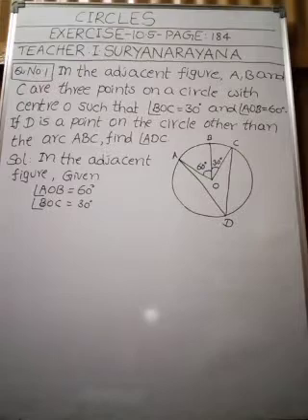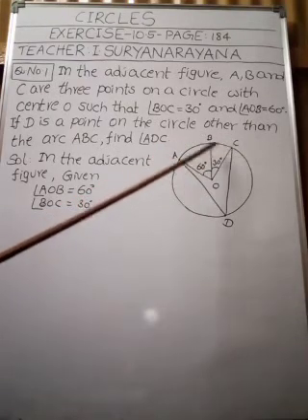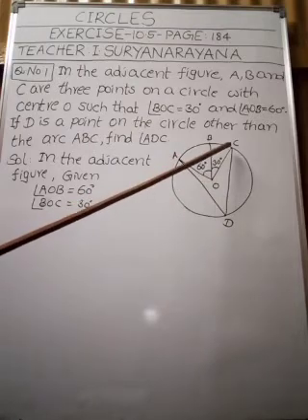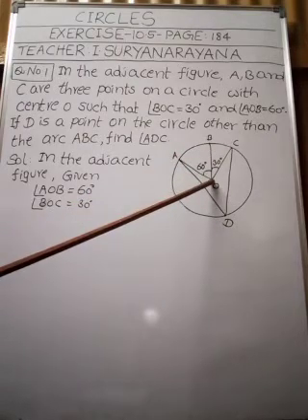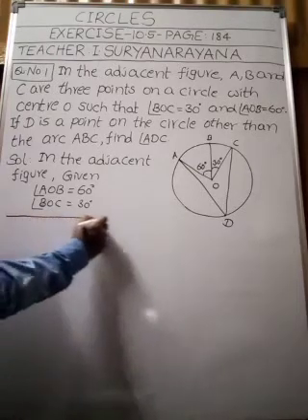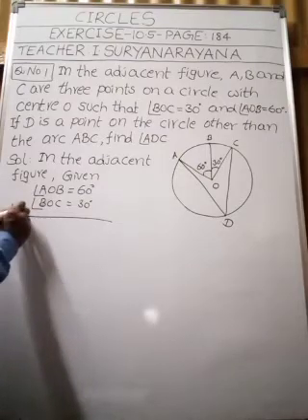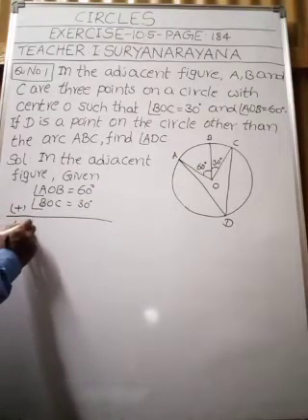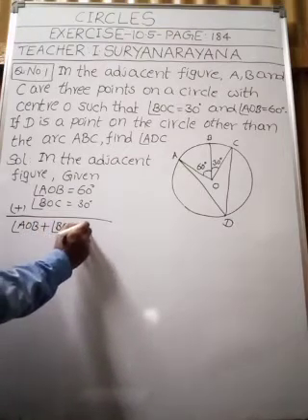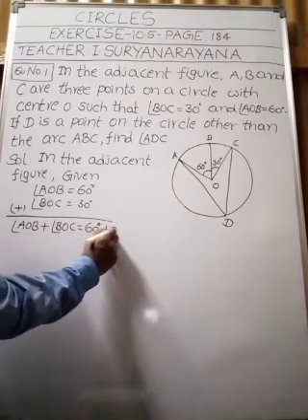Right. So here this arc AC is subtending angle AOC at the center of the circle. Yes or no, my children? So let us find angle AOC by adding these two. What we get is angle AOB plus angle BOC is equal to 60 degrees plus 30 degrees.